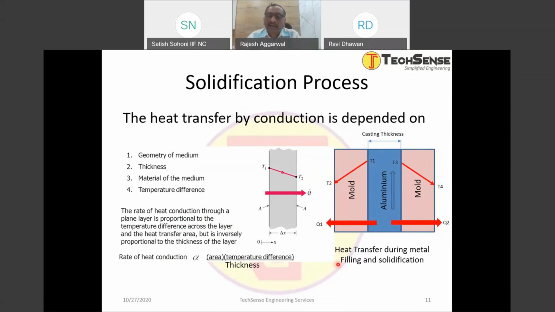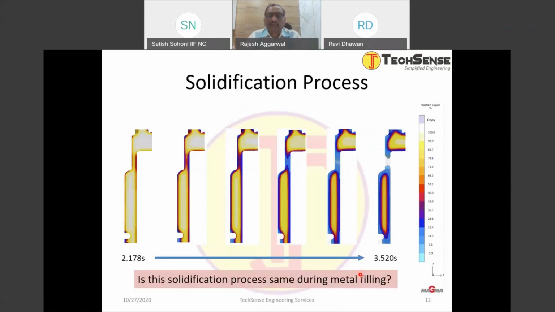right? And the heat transfer during metal filling as well as during solidification. As soon as the metal comes in contact with the steel, it starts losing heat. So we can simulate this basic understanding what I just mentioned. We can try to understand and see what happens in the simulation, right?